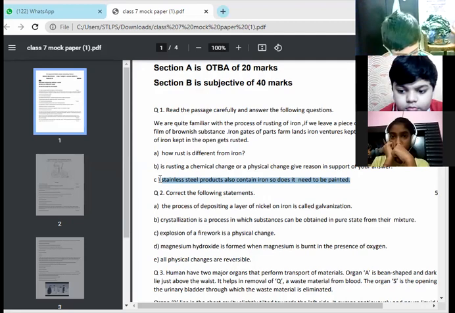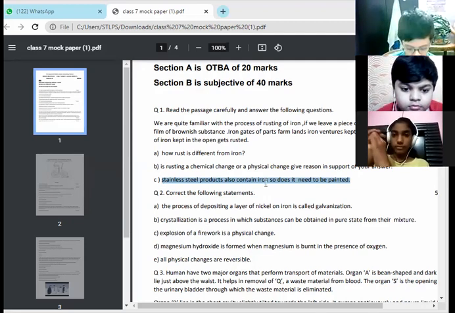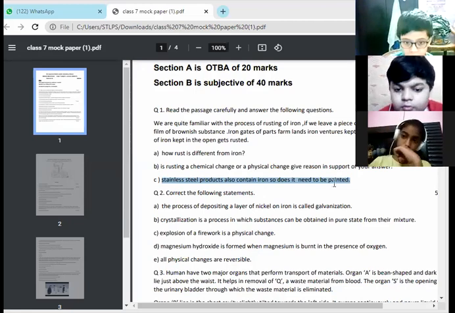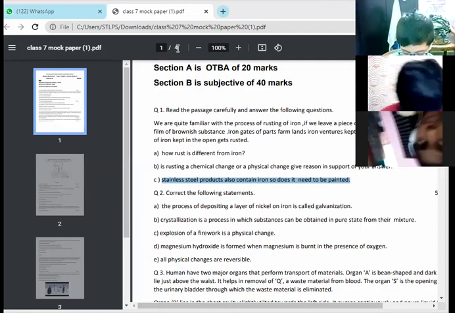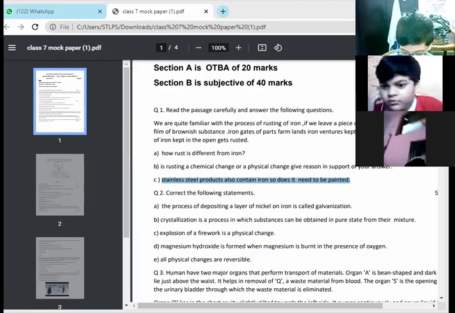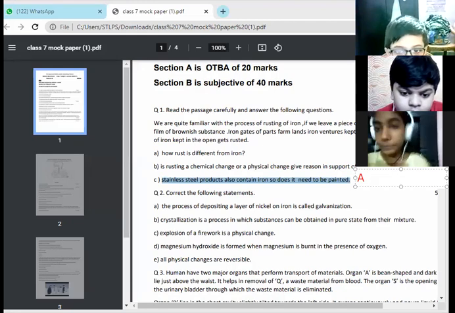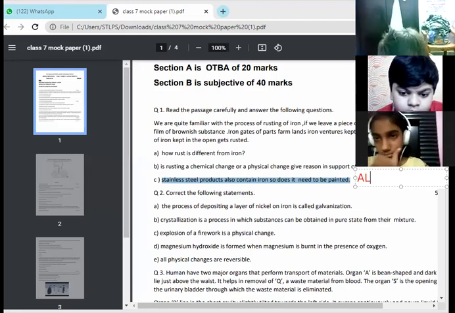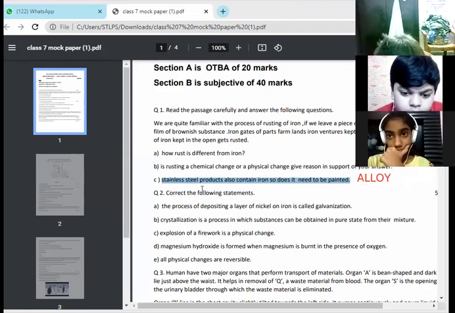The utensils we use at home do not get rusted and do not need to be painted because that is not a single metal, that is an alloy. An alloy is a mixture of two or more metals or non-metals, and stainless steel is an alloy. What is stainless steel? It is an alloy. Got it, everyone?